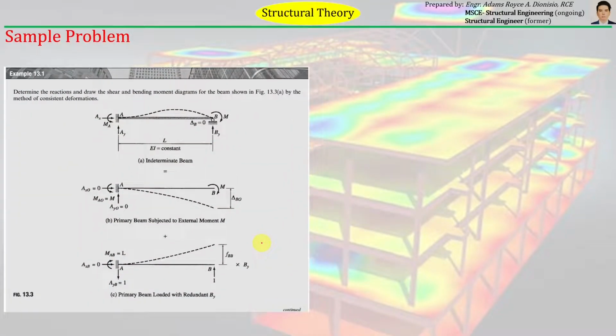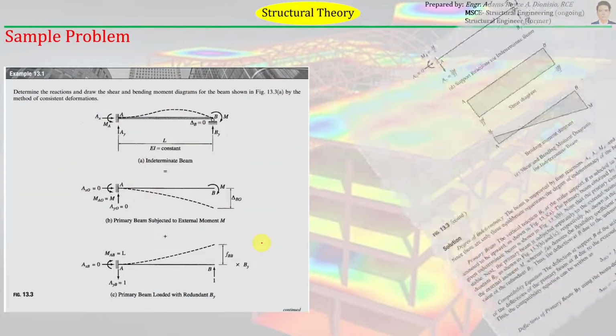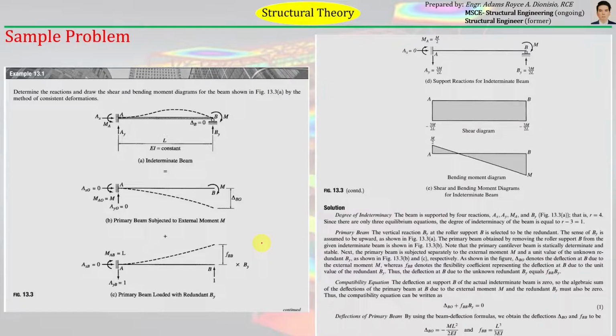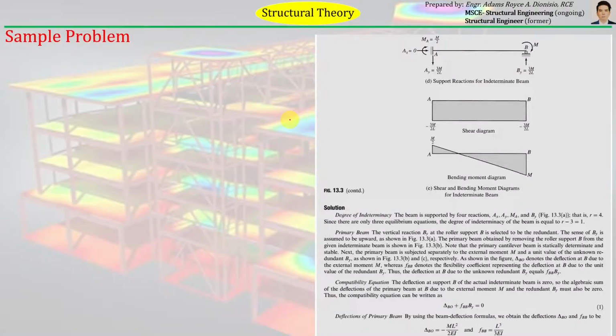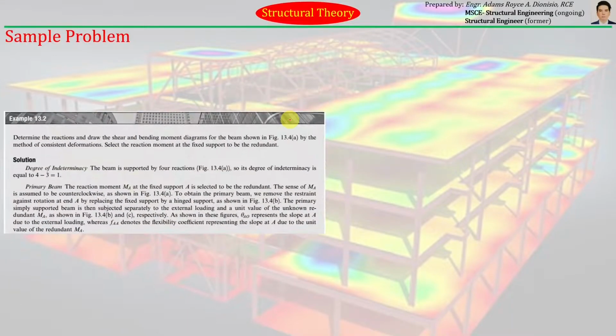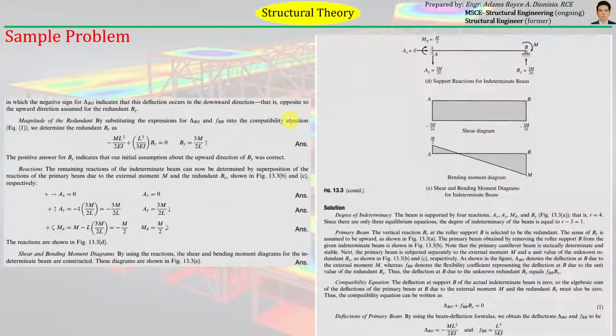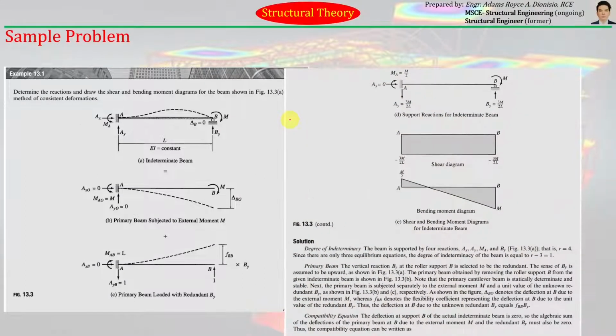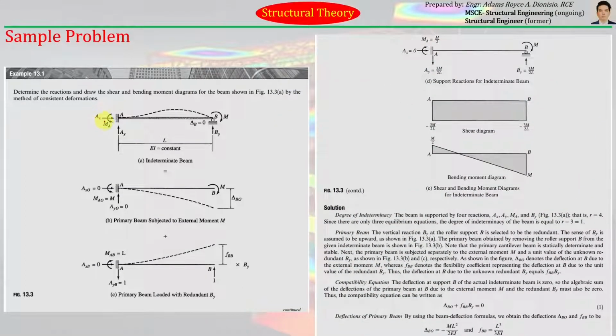We have another example here. This came from the book of Kassimali, but I'll just leave this as an exercise to you. You can just try to read this and study this. The case is almost similar to what we are discussing. It's just that the given problem has no specific values of load.